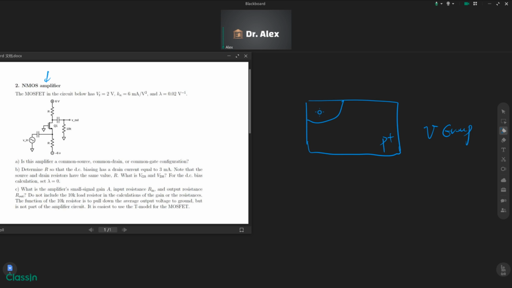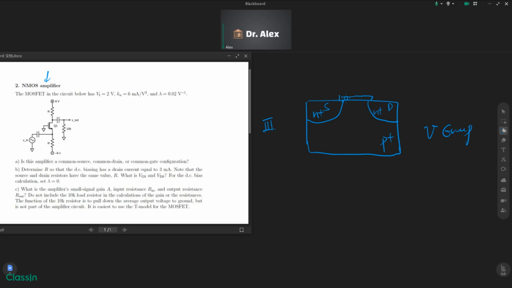And here is an N-type area, which is doped by the third group of elements, and we call it the source. And here is D, which is called the drain. This area is also doped by the third group of elements.